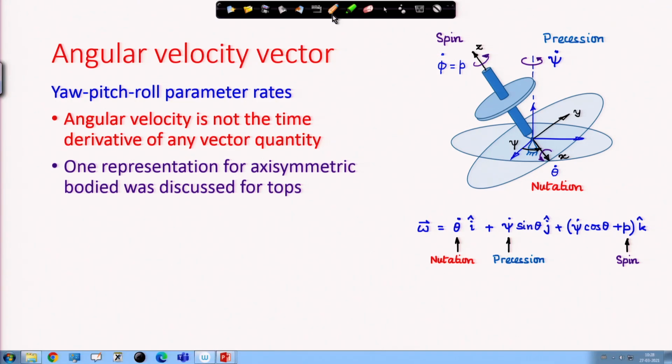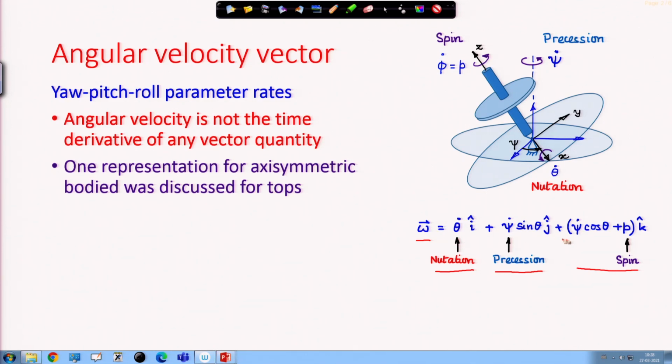You recall that we had represented this angular velocity vector in this form: nutation in I cap, component of precession in j cap, and the combination of precession and spin in k cap. Here we have represented the angular velocity vector in terms of these parameters and their rates, psi, theta, phi and psi dot, theta dot, phi dot.